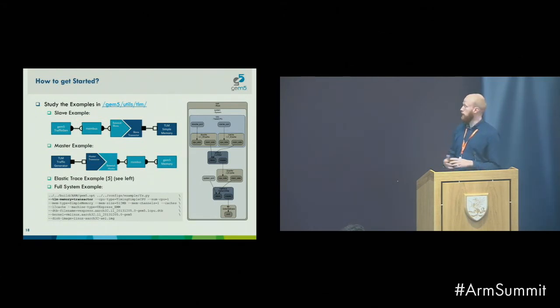And we also have an example for the other way around, where we have a master in SystemC connected to a memory in Gem5. There's also an example that uses elastic traces. And we also have a full system example, which boots an operating system in a system where the memory is simulated in SystemC.